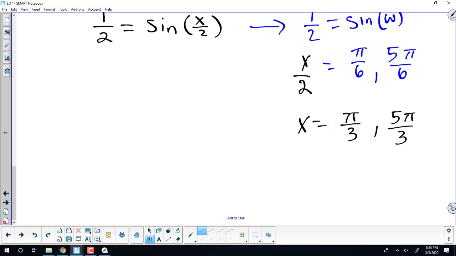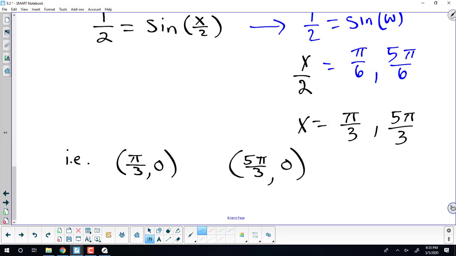So in other words, when u is 0, we have an x value of pi over 3, giving us a u value of 0, and we have an x value of 5 pi over 3, giving us a u value of 0.